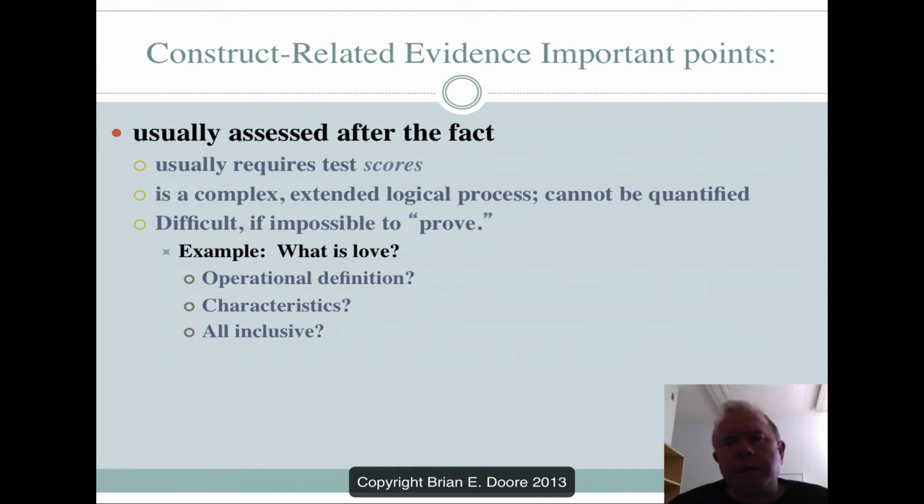Some other things that I think are important to note about construct validity is that it's usually assessed after the fact. So we look at past performance, as I mentioned before with the SAT, and we think about how this might apply to future groups. It usually requires some kinds of test scores or performance outcomes, and it's a complex, logical, and extended process that most teachers are not going to engage in.